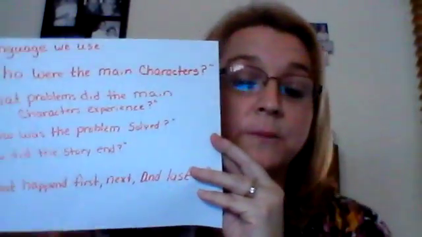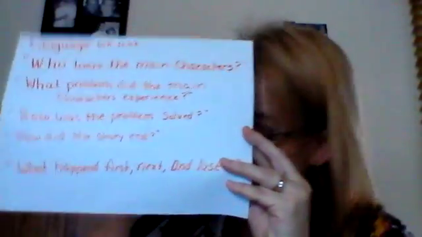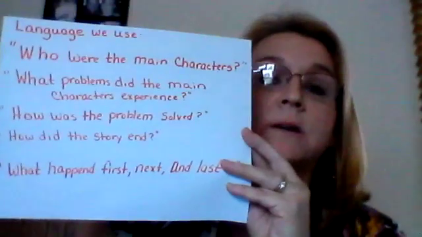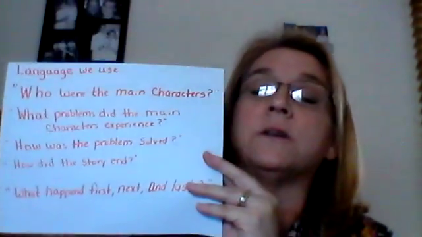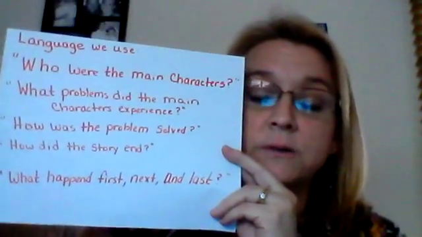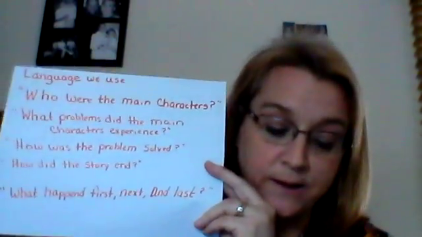Well, the big Billy Goat, I think it was the big one, was the one. Okay, how did the story end? The story ended with the Billy Goats getting over and eating grass. What happened at the first of the book? What happened next? And what happened last?